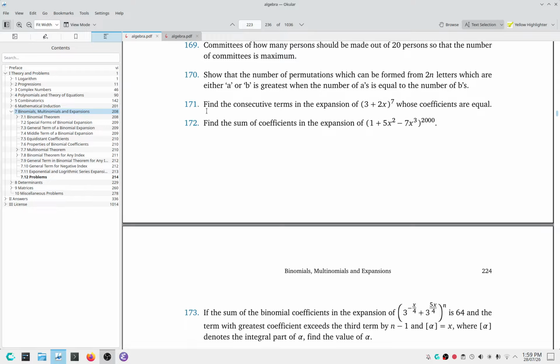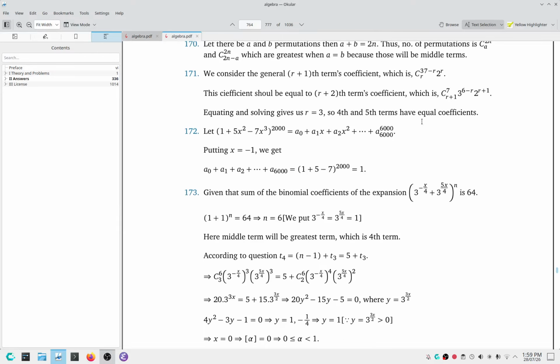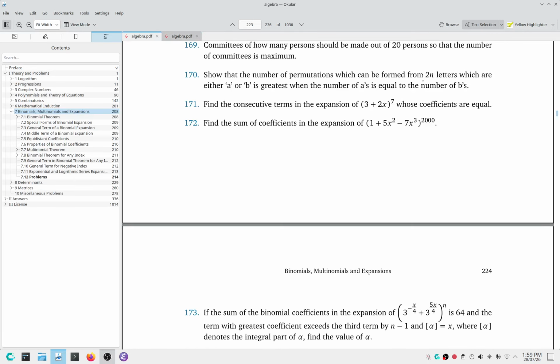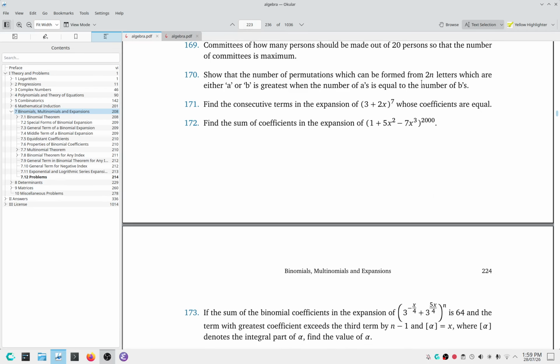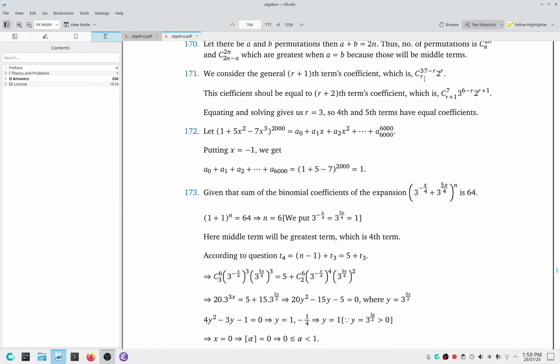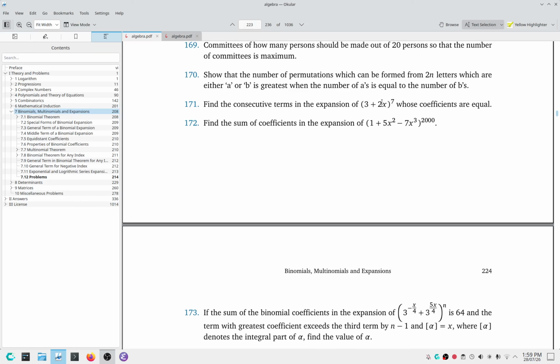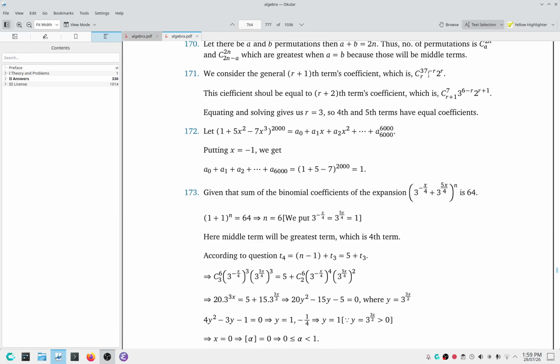Question 171 says, find the consecutive terms in the expansion of (3 plus 2x) to the power 7 whose coefficients are equal. So we consider the (r plus 1)th term, whose coefficient would be 7Cr, 3 to the power 7 minus r, 2 to the power r.